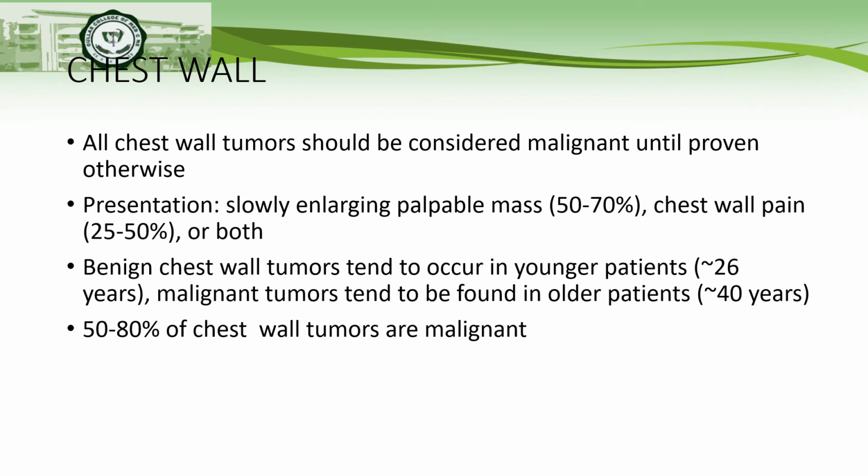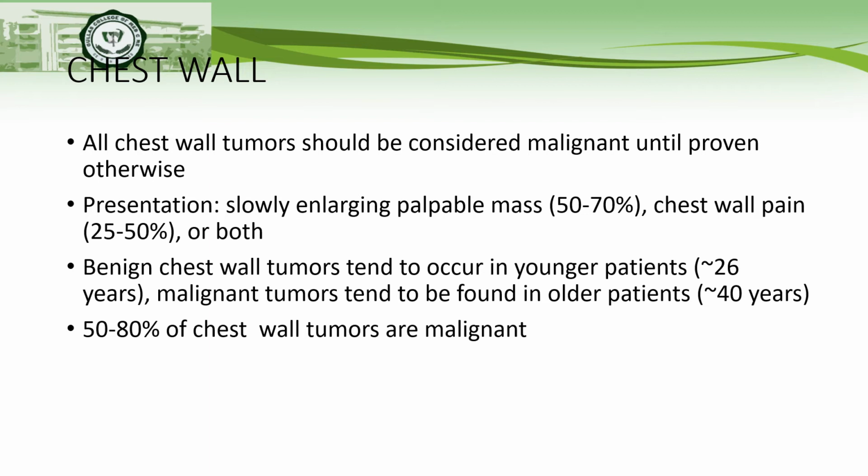Patients with chest wall tumors, regardless of etiology, typically complain of a slowly enlarging palpable mass in 50 to 70% of cases, chest wall pain in 25 to 50%, or both. Benign chest wall tumors tend to occur in younger patients with an average of 26 years old, while malignant tumors tend to be found in older patients averaging 40 years old.